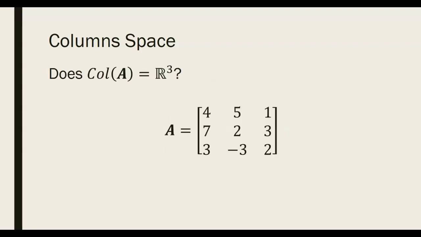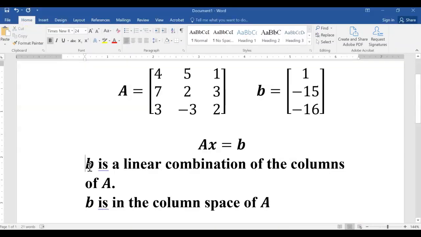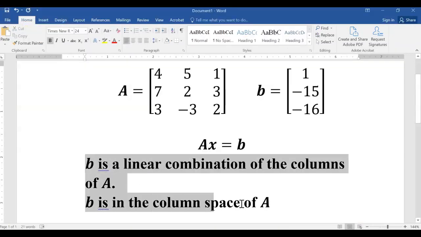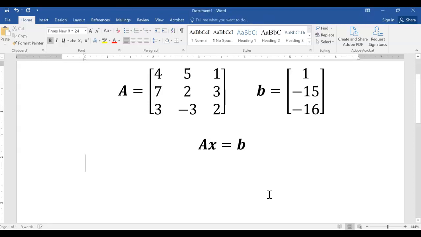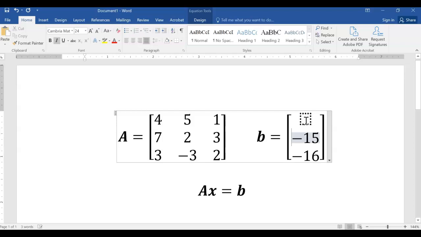However, the way this matrix row reduced does tell me about whether or not the column space of A could be R3. So here's what I mean by that. Let's go back and say we want to solve this equation for an arbitrary B. So B can be anything we want it to.